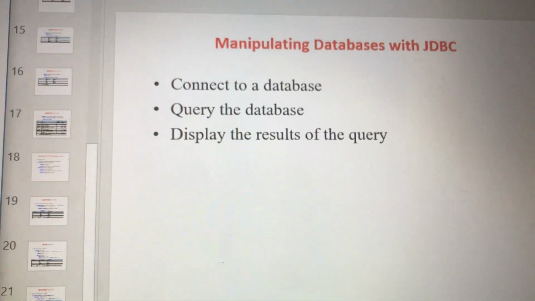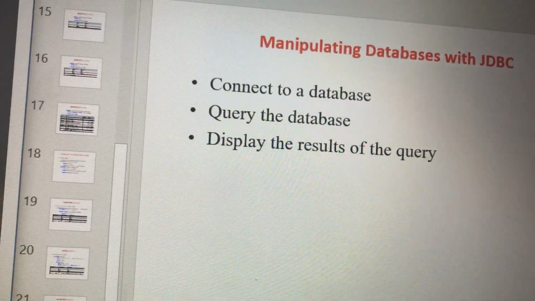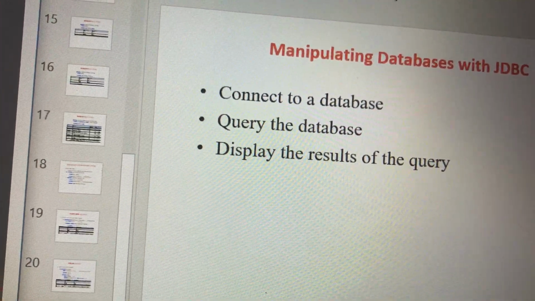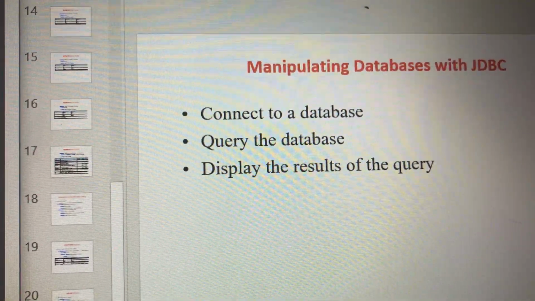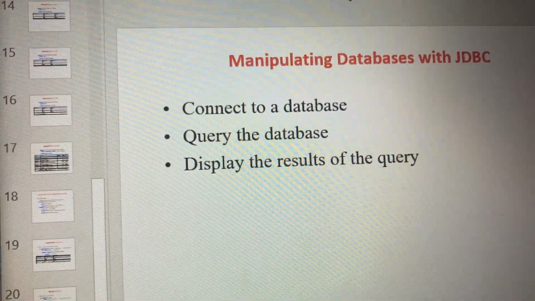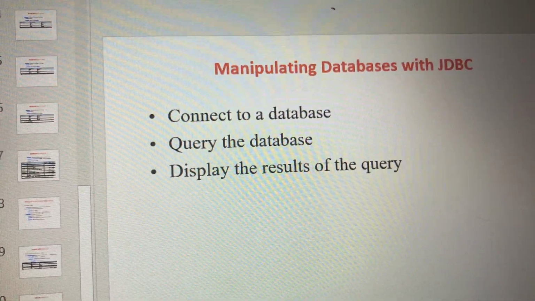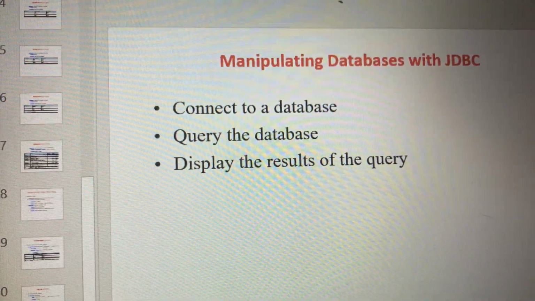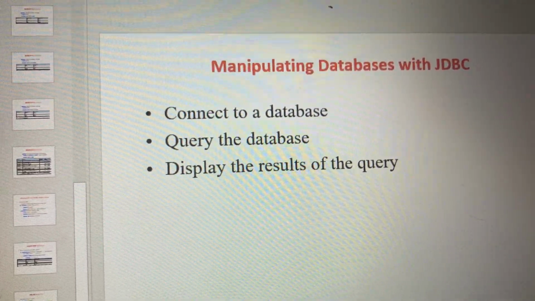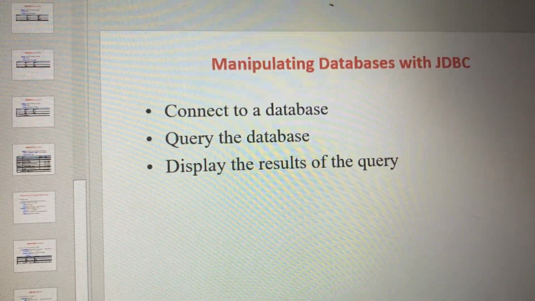Connecting to the database. Lines 26 to 27 create the Connection object referred to by the variable connection, an object that implements the interface Connection. The Connection manages the connection between the Java program and the database. The Connection object enables the program to create SQL statements that manipulate the database.